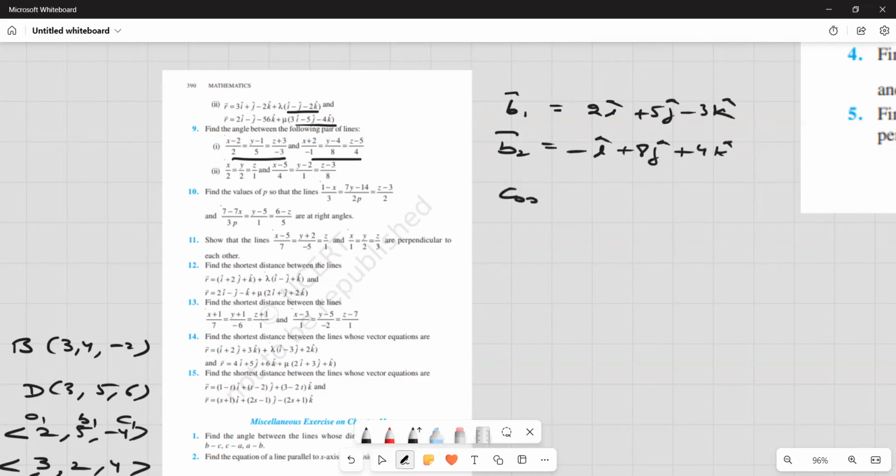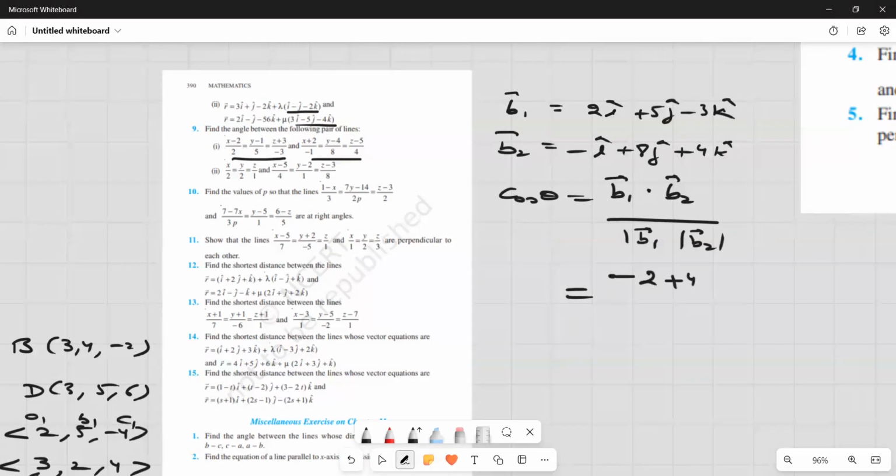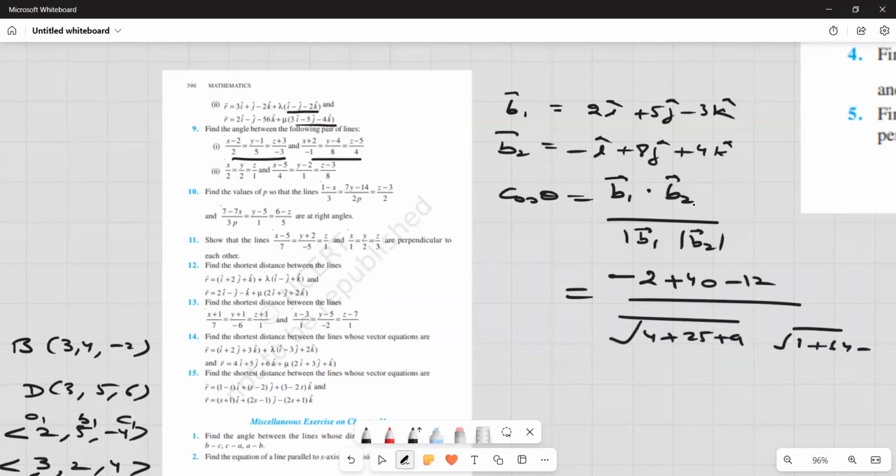So cos theta is B1 dot B2 upon magnitude B1 magnitude B2. So 2 into minus 1 is minus 2, 5 into 8, 40, 3 into minus 4, minus 12, upon this is 4 plus 25 plus 9 and this is 1 plus 64 plus 49. So this is 40 minus 14, 26.